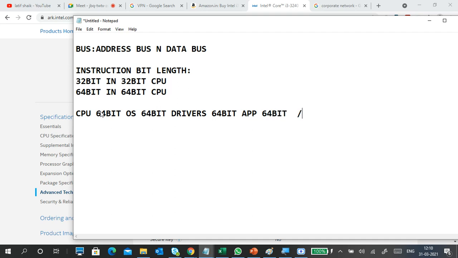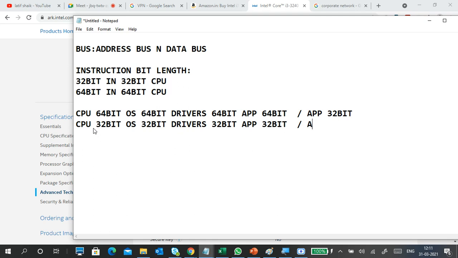Of course, nowadays applications can be 32-bit also, so that we'll add later. If you are using a 32-bit CPU, then the operating system must be 32 only. Don't install 64, even if it is accepted or not, that's a different thing. But always follow the same bit, so then we can avoid problems.